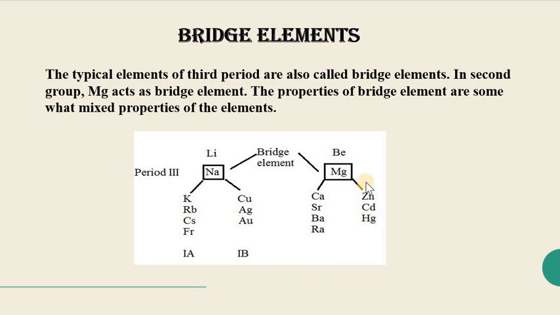Magnesium also acts as a bridge element because it has mixed properties of calcium and zinc. Again, these two are present in the different 2A and 2B groups. So the bridge elements are those elements which have mixed properties of some different elements.